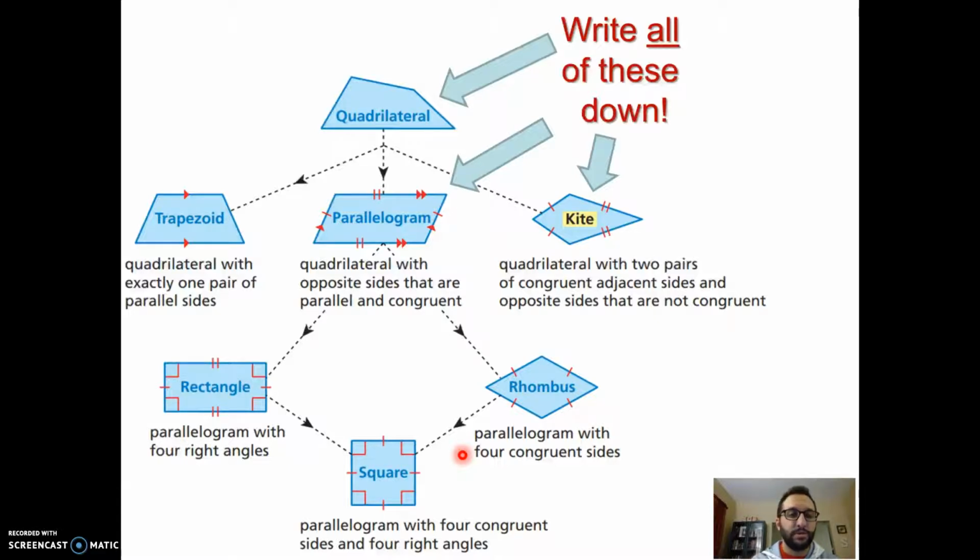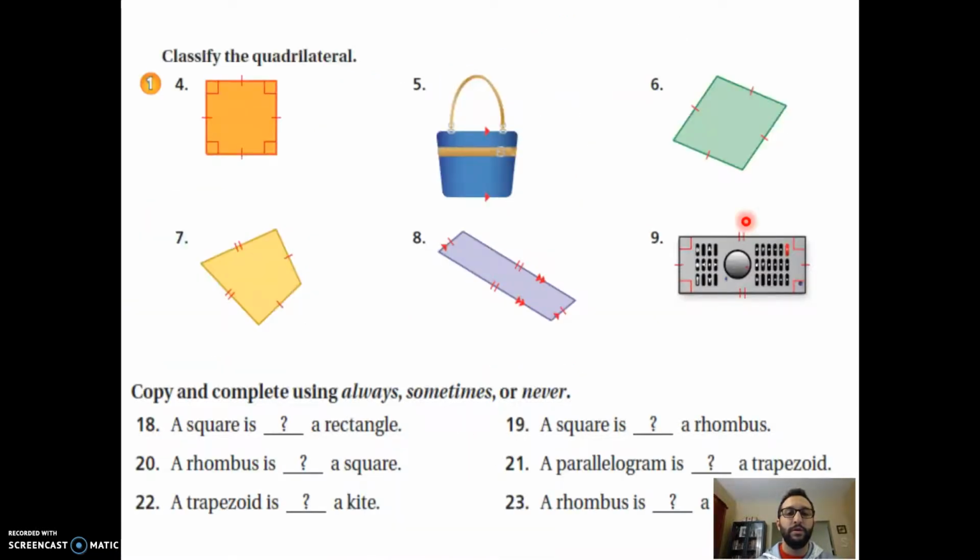All right, so what I want you to do is flip your paper back over with your partner. I want you to classify these quadrilaterals using the best name possible. Note the important thing that's tough to see is there are little arrows here. Little arrows mean parallel, and the little dash marks mean congruent.